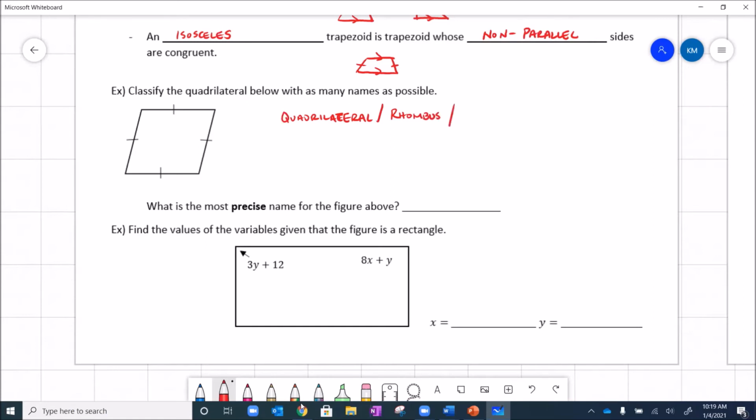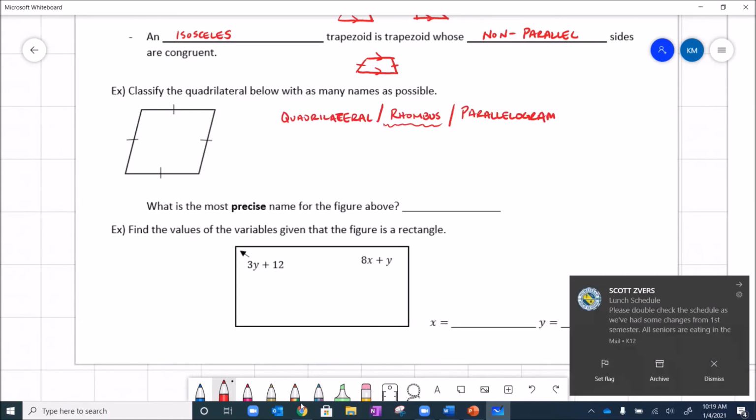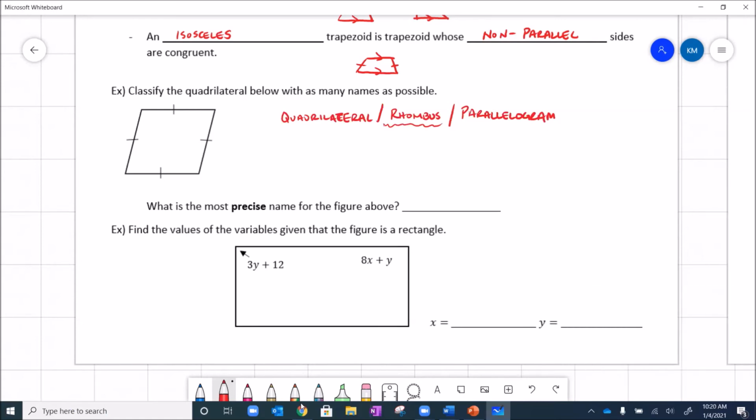And since it's a rhombus, it has to be a parallelogram. Now notice that we cannot call this a square because a square has to have 4 congruent sides and 4 right angles. Okay. And it says, what's the most precise name for the figure above? Okay, so the most precise name is a rhombus.